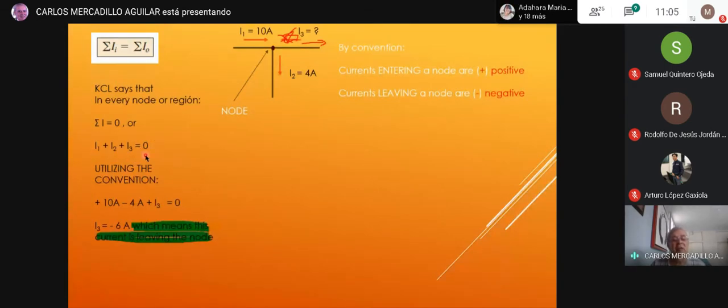The same as in the voltage law, where all the voltages are equal to 0. In a loop there, in a node here, the sum of all currents that enter and leave this node will be equal to 0.